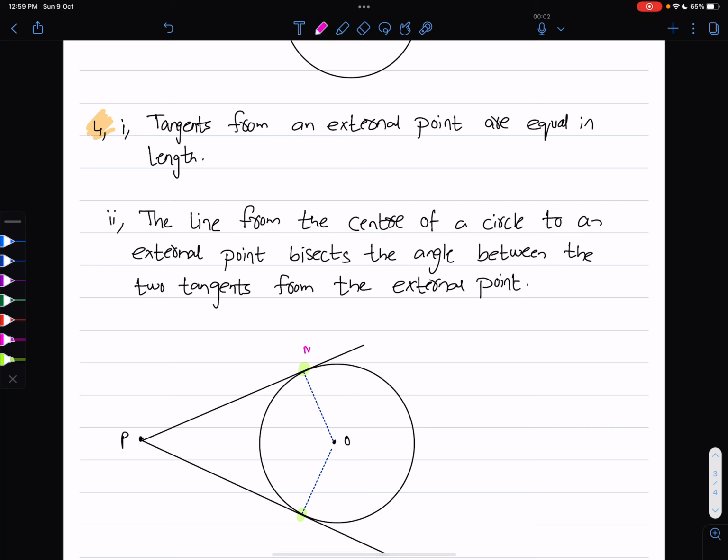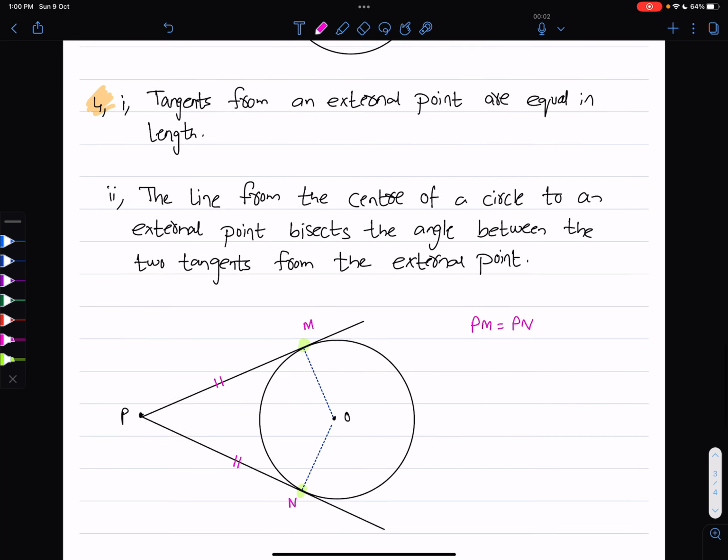Let me call this point M and this point N. Now the property says that if you draw tangents from an external point to a circle, those tangents are going to be equal in length. So over here PM is going to be equal to PN, because they are tangents from the same external point.